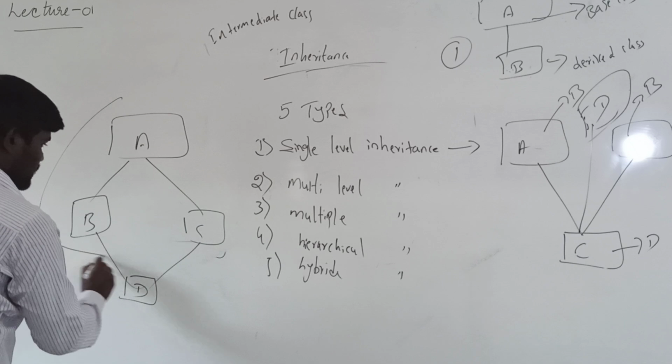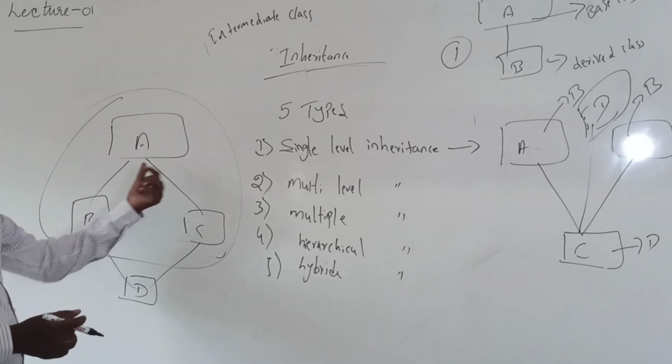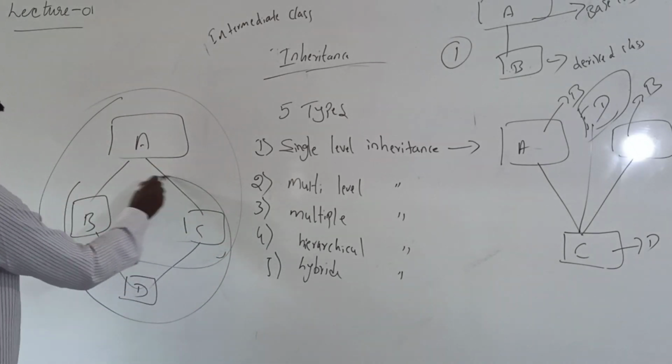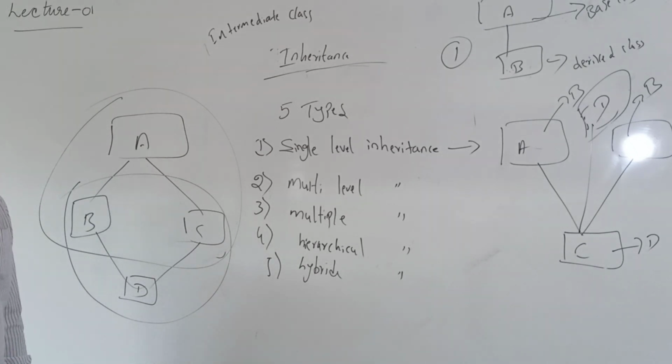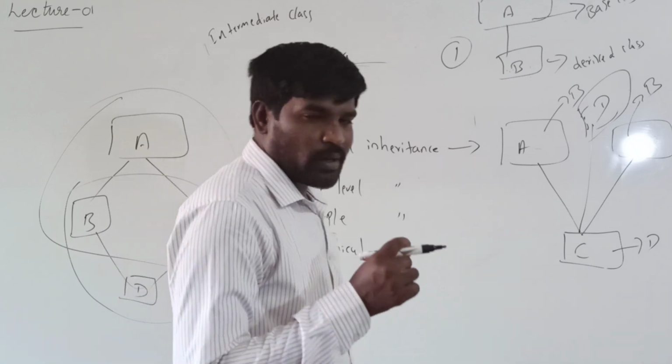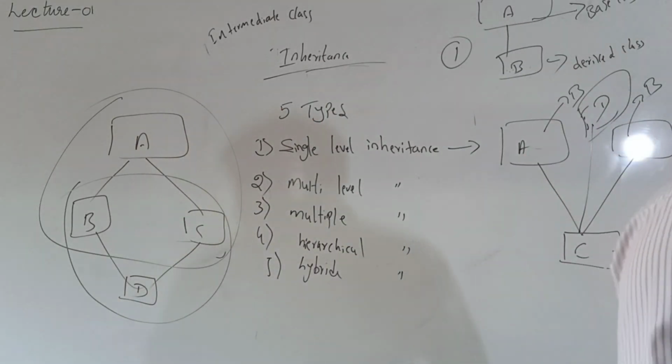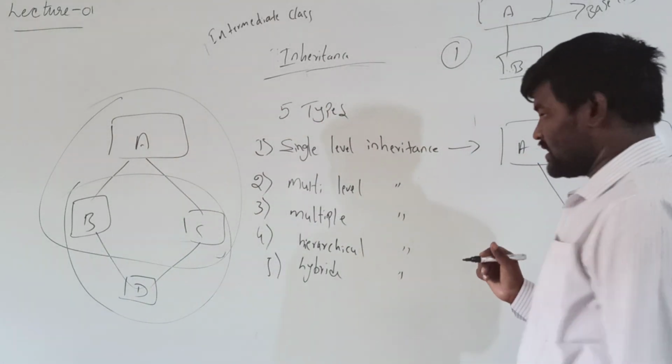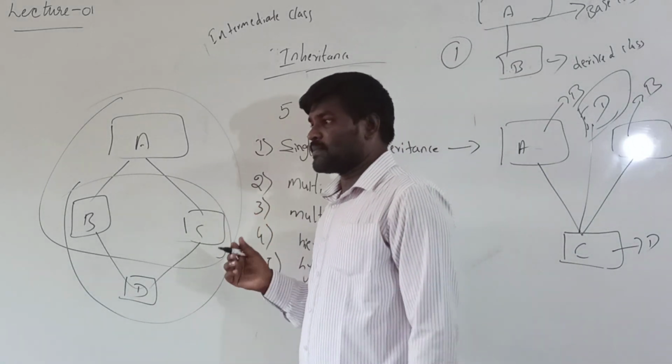If you consider A, B, C, it is hierarchical inheritance. If you consider B, C, D, it is multiple inheritance. So hybrid inheritance is a combination of multiple as well as hierarchical inheritance. So there are 5 types of inheritance.